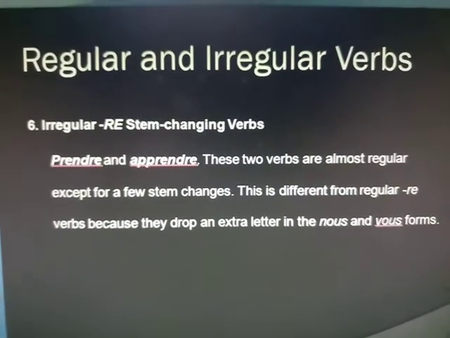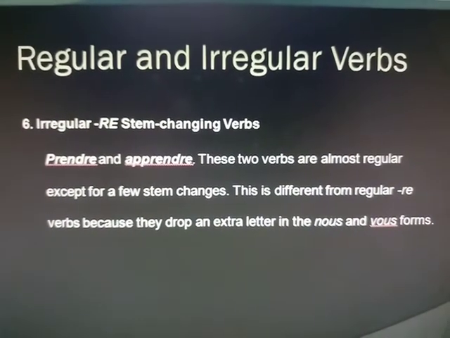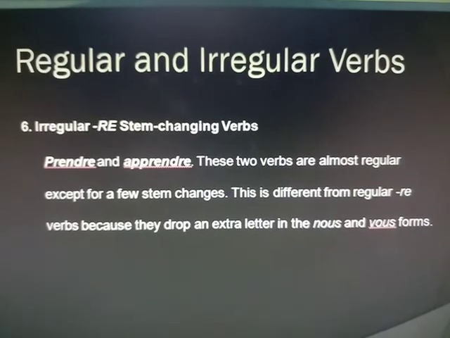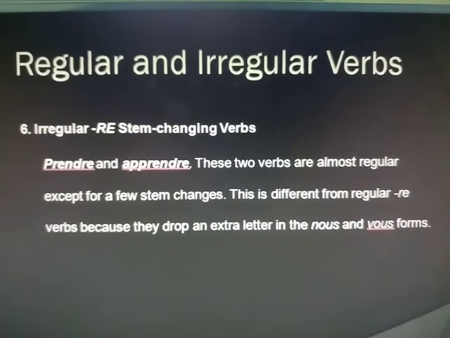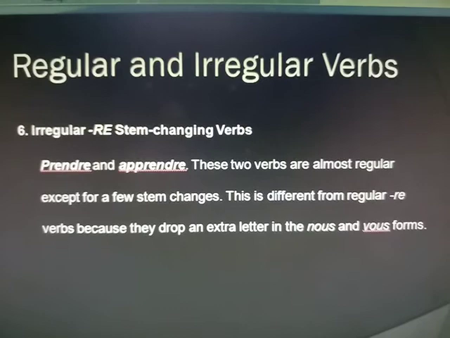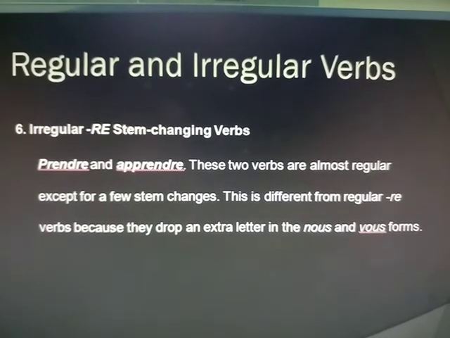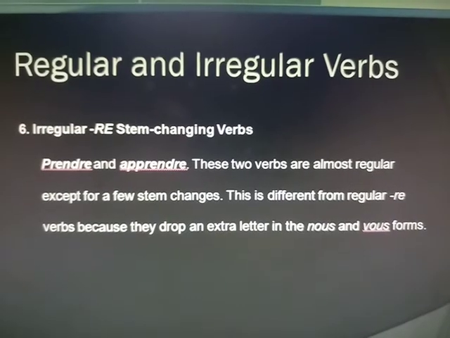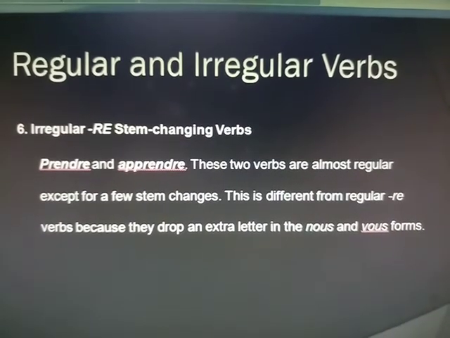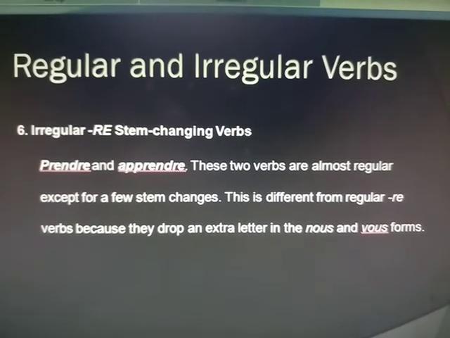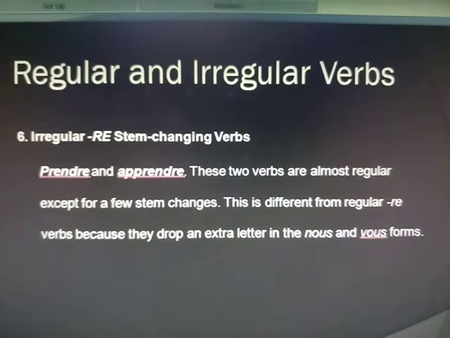Next, the irregular RE stem changing verbs. Prendre, to take, and apprendre, to learn. These two verbs are almost regular except for a few stem changes. This is different from normal regular RE verbs because they drop an extra letter in the nous and vous forms.